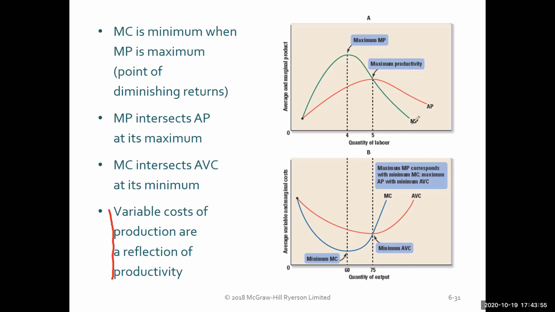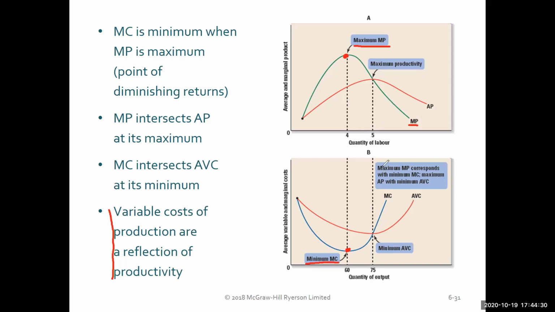And there's our marginal product curve, showing as we add more labor, what's happening to average and marginal product. Well, marginal product reaches a maximum right where we are at a minimum of our marginal cost. Notice the black dotted line coming down. When we have 4 units of labor and we're producing an output of 60, we're at maximum marginal product and minimum marginal cost. Well, that's the point of diminishing returns.